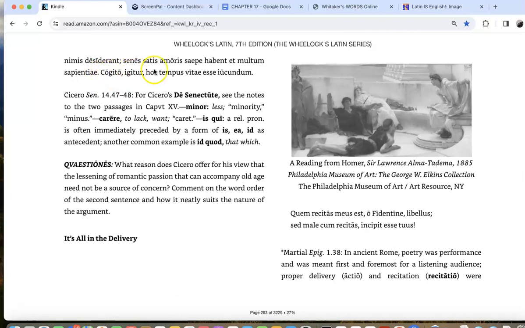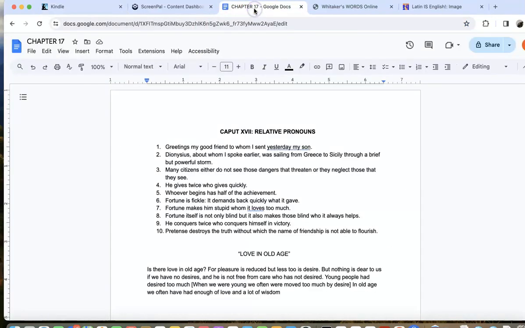So think therefore this time of life to be joyful. That last sentence is fairly straightforward.